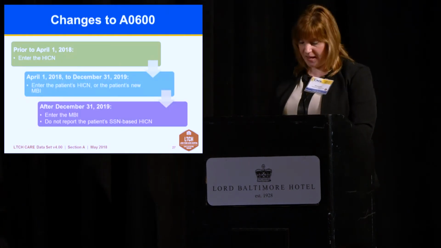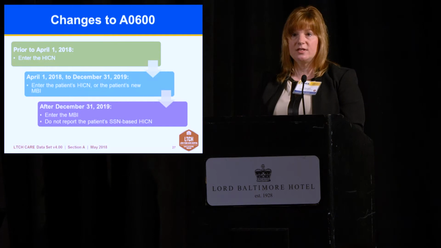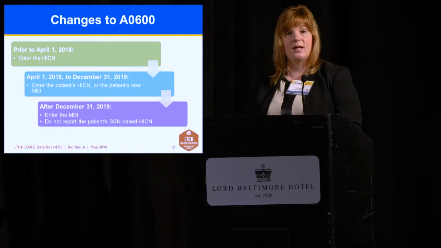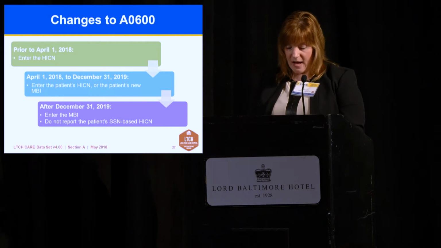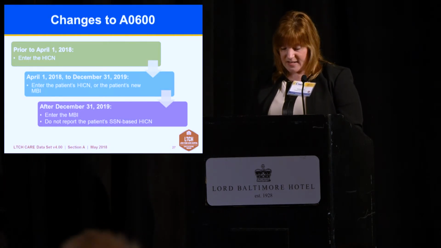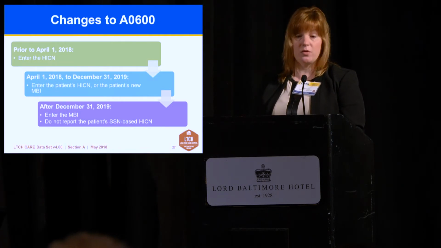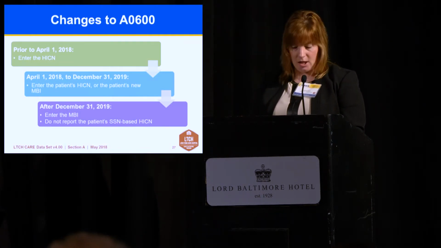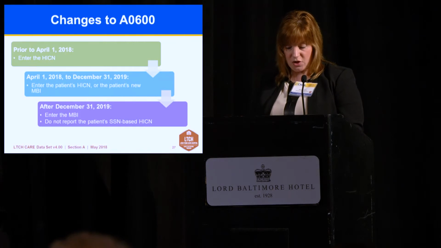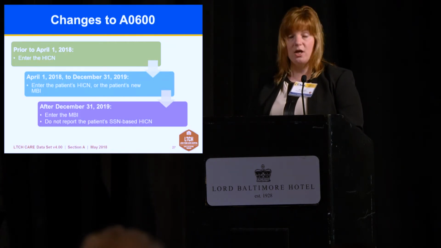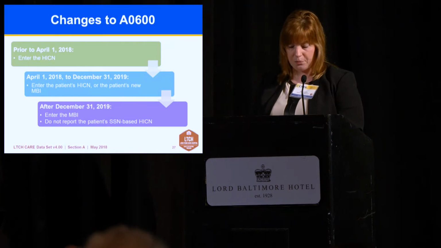If you have a patient assessment prior to April 1st, 2018, you enter the health insurance claim number. If you have a patient assessment that is being completed between April 1st, 2018 and December 31st, 2019, you will enter the patient's Social Security-based health insurance claim number or the patient's new Medicare beneficiary identifier.